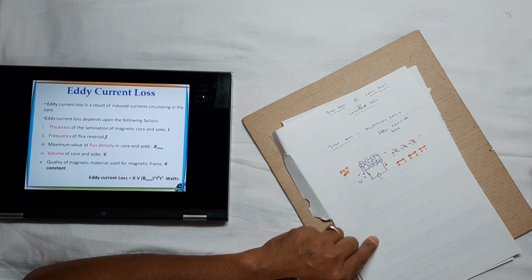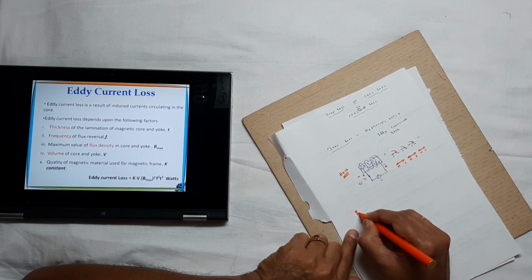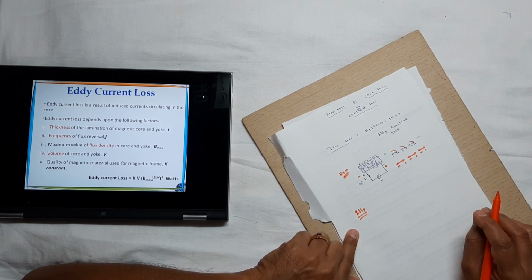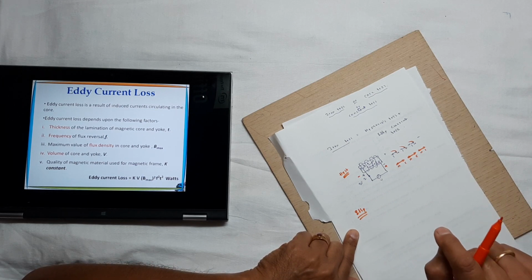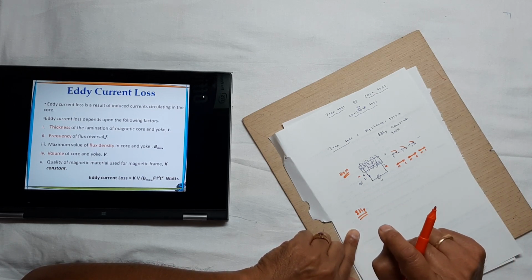Then the other loss is what we call the eddy current loss. The eddy current loss is a result of induced current circulating in the core. I will elaborate on this one.